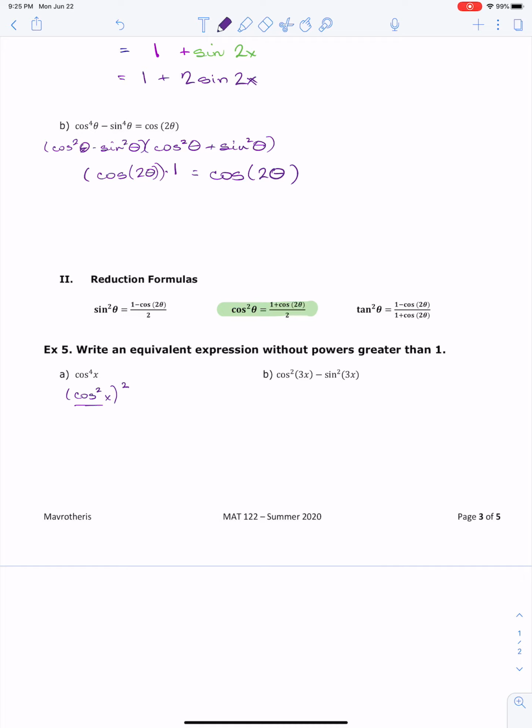I'm going to take care of the inside parentheses first. Cosine squared x looks like 1 plus cosine 2x all over 2. We're going to square that.